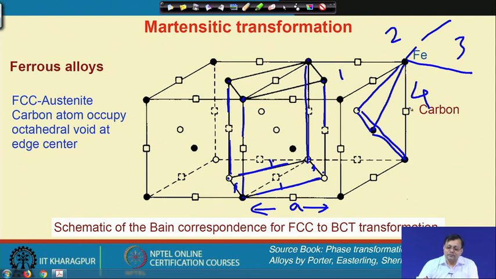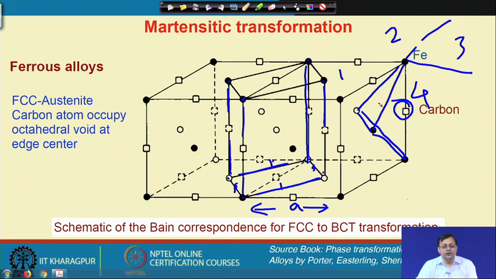So, it will be an octahedral void. In that position the carbon atoms are present and therefore, this schematic of the Bain correspondence shows how a martensitic transformation occurs without any diffusional movement of the atoms.